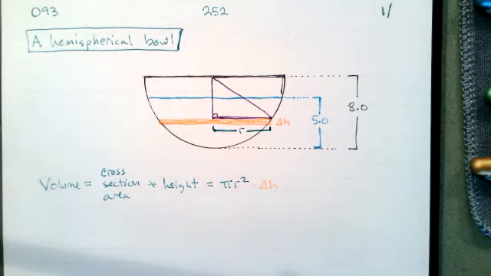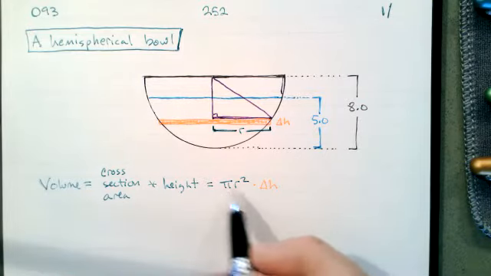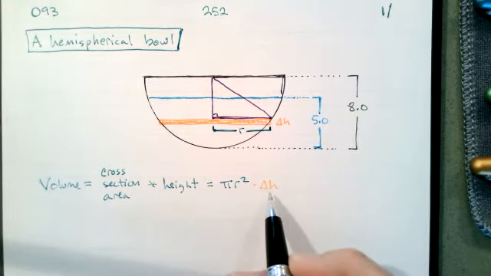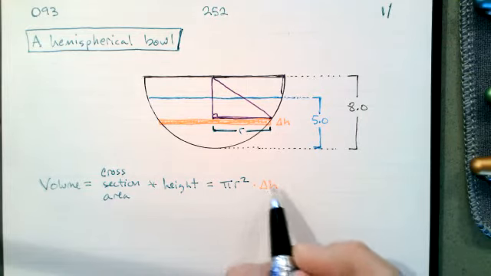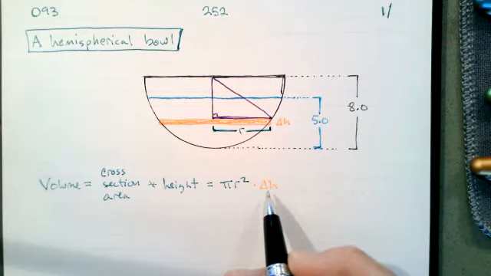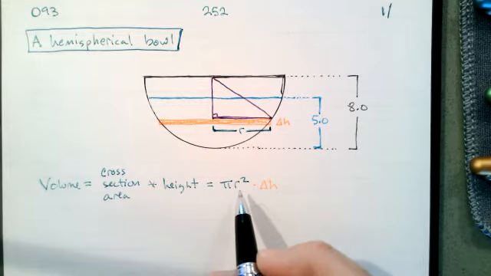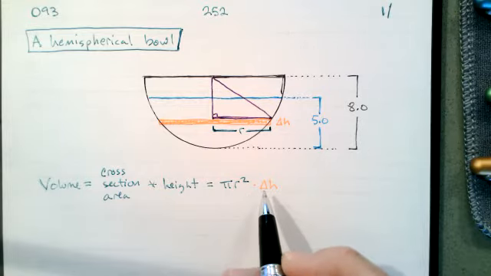We have to decide where h goes, and then find a relationship to write r in terms of h. So once we've established what we're going to do, area of the circle multiplied by the height, once we've established the delta variable, now we need to write all the other variables in terms of the delta variable.